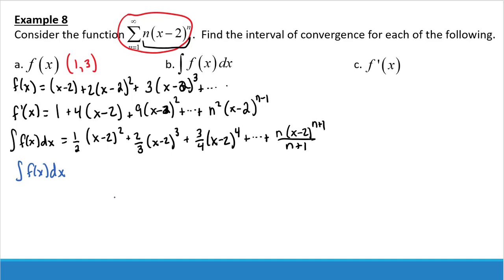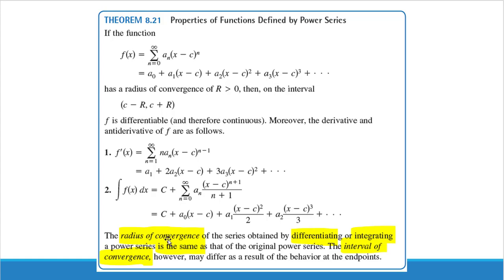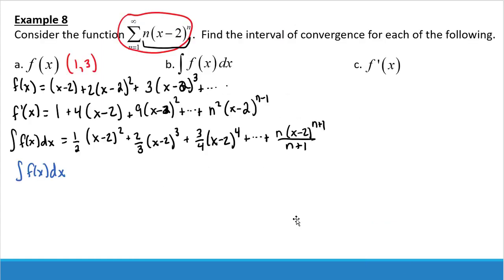I did the ratio test and I got the same interval, and I was like, well, wait, if you go back, it says the interval of convergence is going to be the same. But you have to check the endpoints. So now I check my endpoints. Basically we have this series.